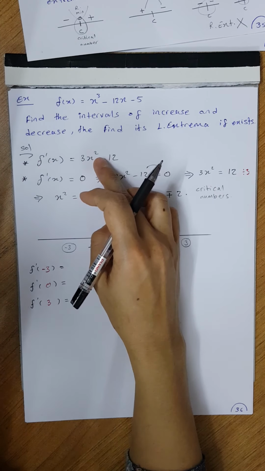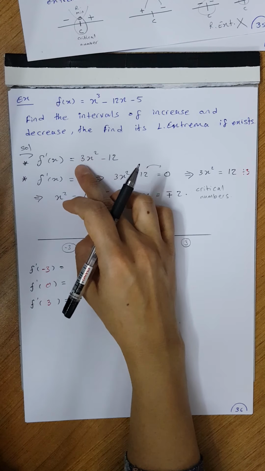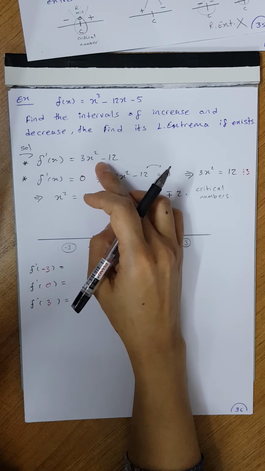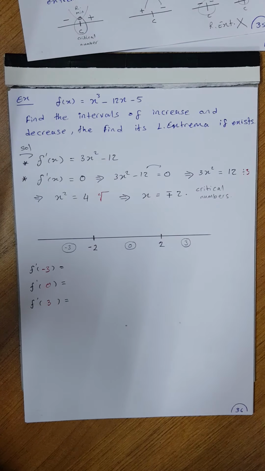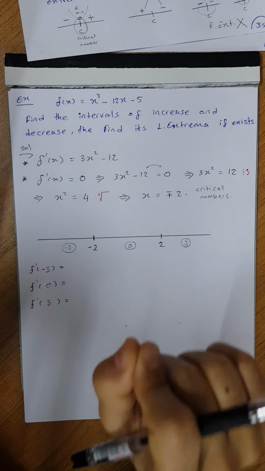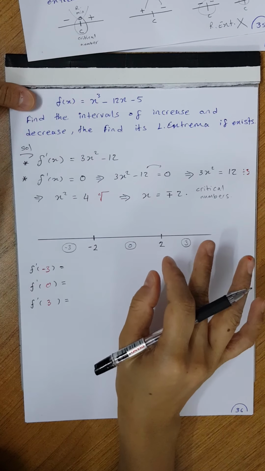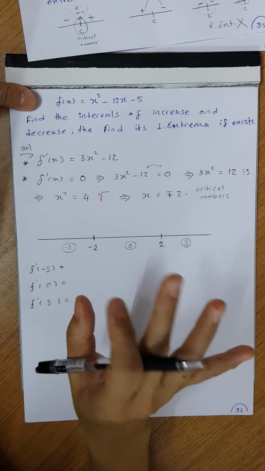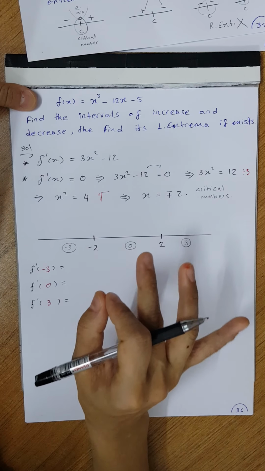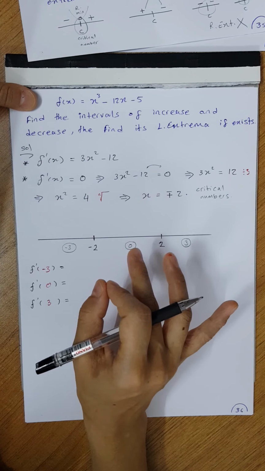Minus 3 to the power of 2, that's equal to 9. Multiplied by 3, that's equal to 27. 27 minus 12 is equal to, I don't know, 15. I don't care about the 15. I care about the sign, positive or negative, okay? So I don't care about the value, I just care about the sign, positivity and negativity of the function here.